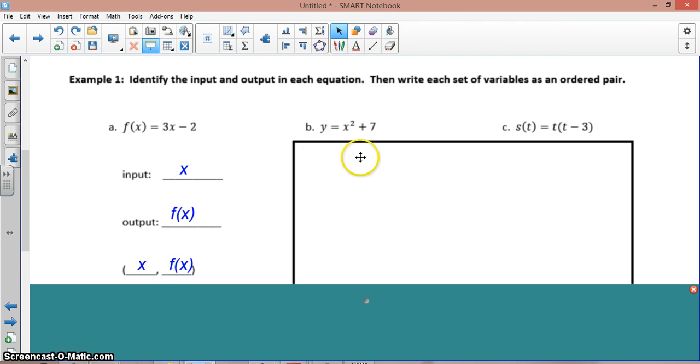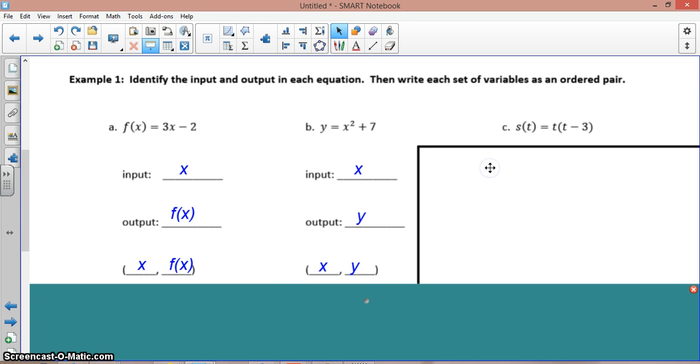We have a little bit different notation for letter B. We have y equals x squared plus 7, which is what you're used to. Here our input is x, our output's y, and then our point is (x, y). So therefore, f of x and y really mean the same thing, so they'll be interchanged a lot. And then as we look at letter C, it says s of t equals t times the quantity t minus 3. Notice we have different notations.